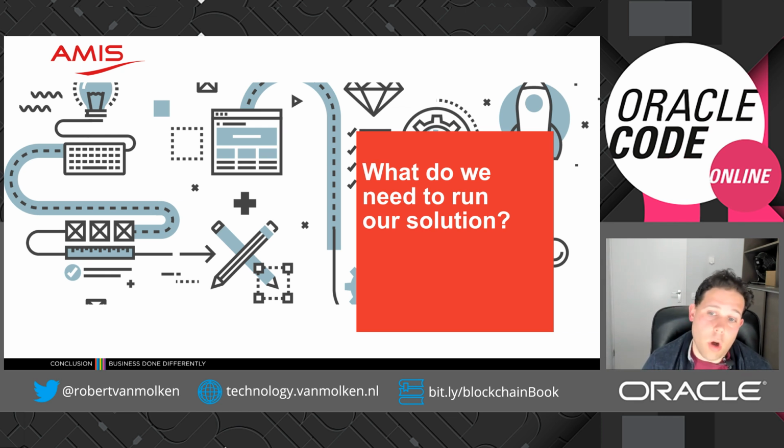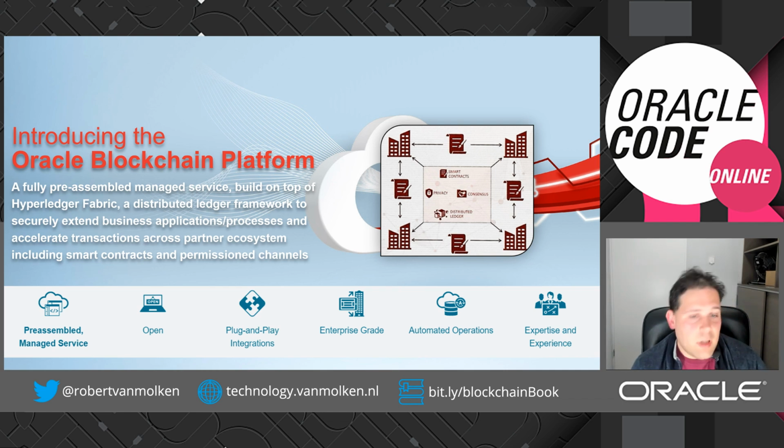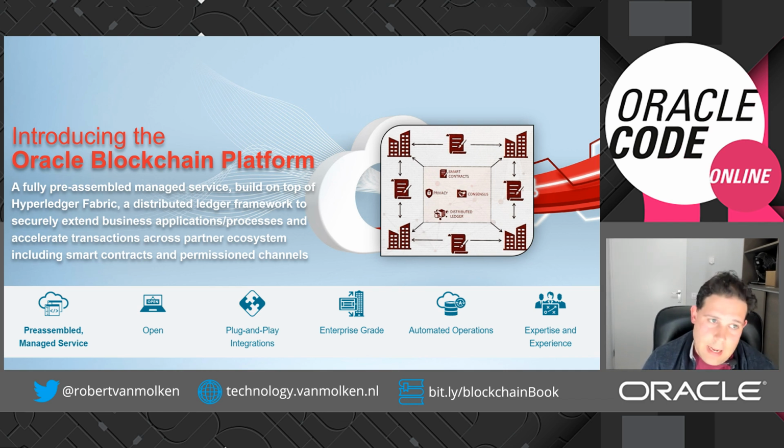But let's go over what we need to run our solution, this solution that I explained. For this, we're going to use the Oracle blockchain platform. The Oracle blockchain platform is a fully pre-assembled managed service. It's built on top of Hyperledger Fabric, a distributed ledger framework.